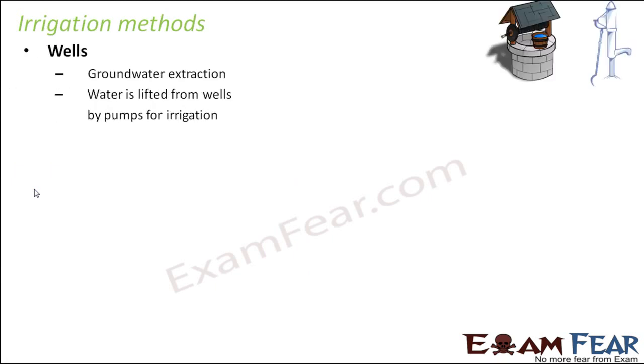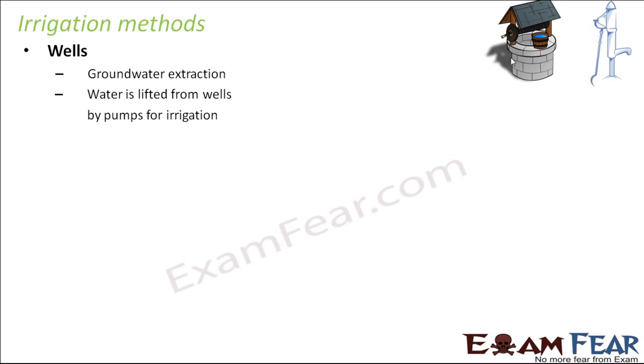Now one of the common irrigation methods is wells. So wells, from where do they get water? They utilize the groundwater. So what are wells? They are nothing but a depression on the land which is dug deep inside. It is dug so deep that it reaches the level of groundwater. So it extracts the groundwater, and water is lifted from the wells by pumps for irrigation.